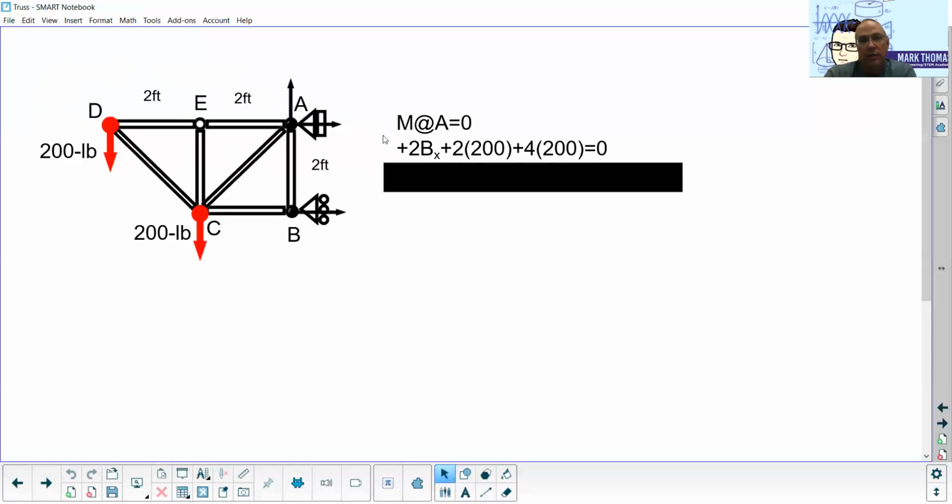The distance between the force at A and A itself is 0. So the moment at A from the force at A is going to be 0, and I don't need to worry about either of these 2 forces.